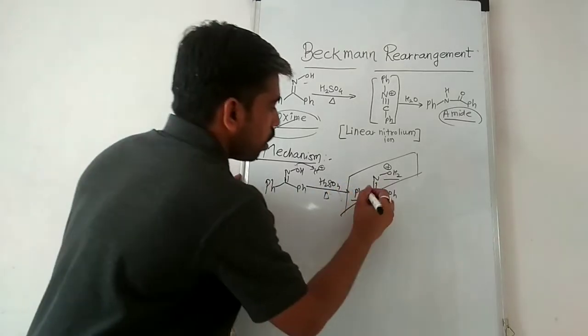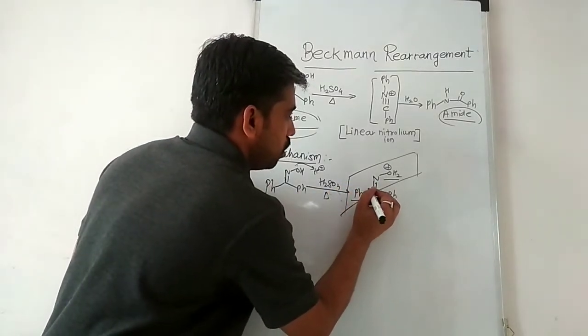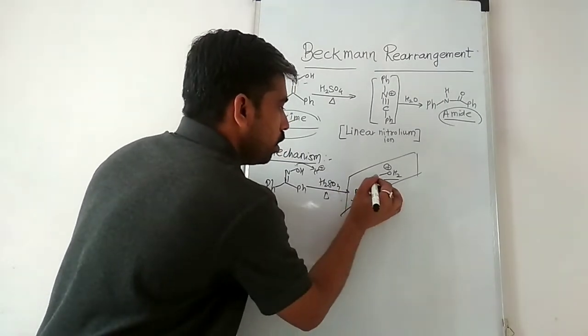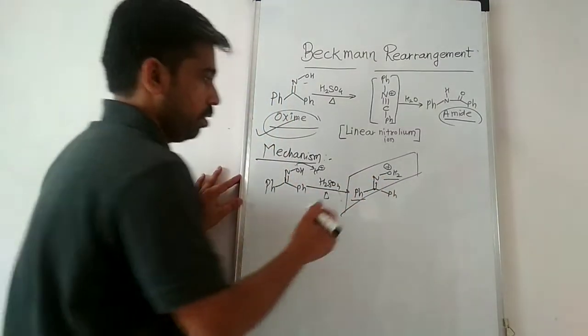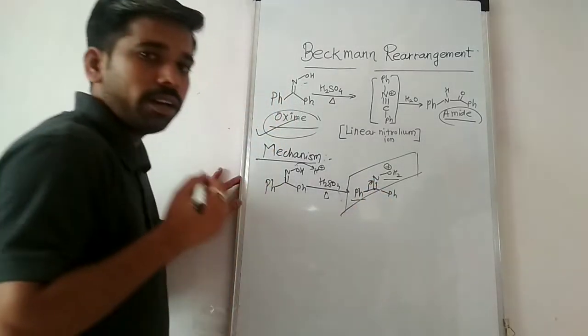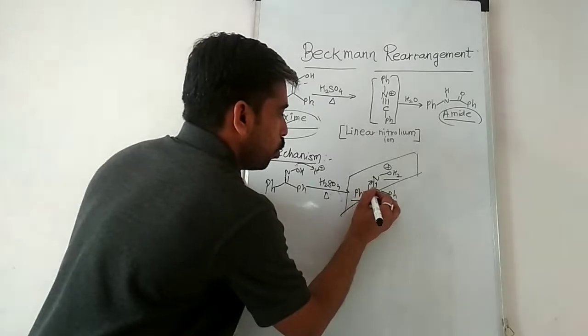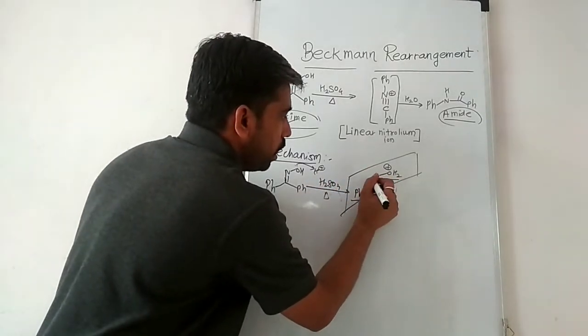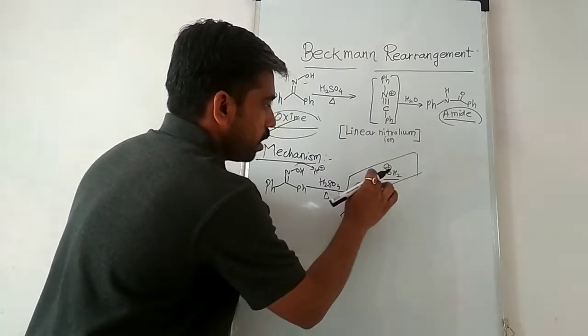So there is a migration of the phenyl ring from this carbon to the electron deficient nitrogen like this, or simply say that it fills electrons, that is bonding electrons, into the electron deficient anti-bonding orbital. This is bonding, this is anti-bonding orbital.